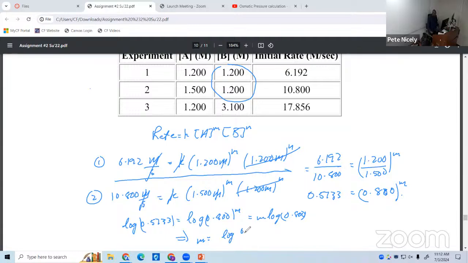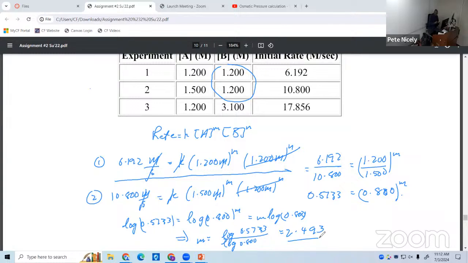So therefore, M will be equal to log of 0.5733 divided by log of 0.800. Hold on, is this right? Let's see what this gives. 2.493. Oh, that's unusual, at this level anyway.